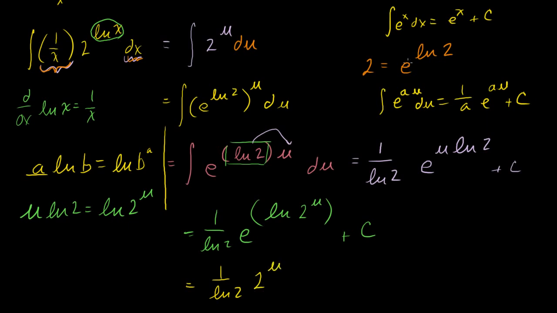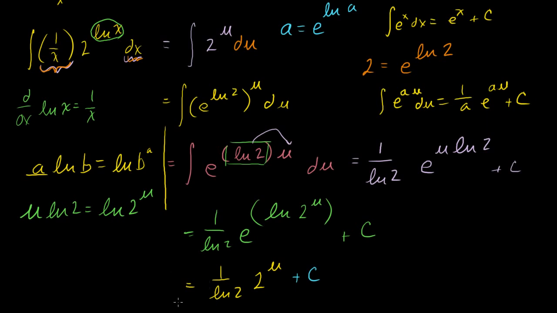I drew it up here. Maybe I'm beating a dead horse, but in general I can write any number a as being equal to e to the natural log of a. This is the exponent you have to raise e to to get a. If you raise e to that, you're going to get a. So e to the natural log of 2 to the u is just 2 to the u. And then I have my plus c, of course.